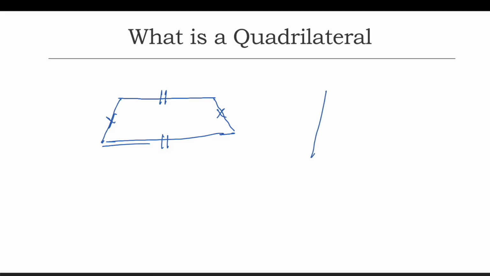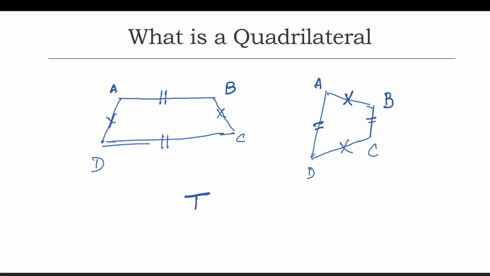The other way around could be these two sides are parallel, but this side and this side are not parallel. So the quadrilateral will look something like this, right? So this could be another type of quadrilateral, A, B, C, D, where this side and this side are parallel, these are not parallel.